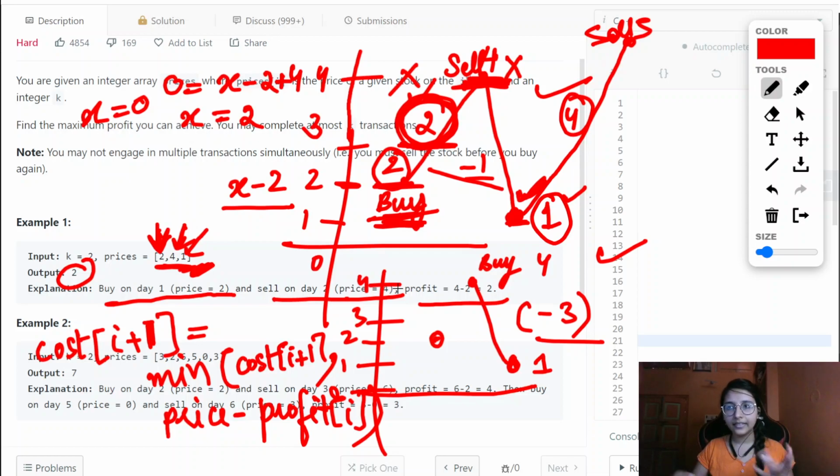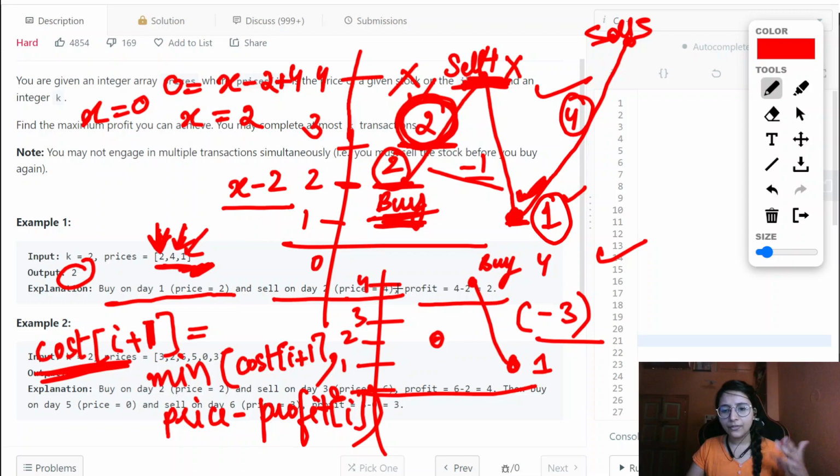Like this only we are required to make our state for checking the buying of a particular stock. So this was one state, for buying.